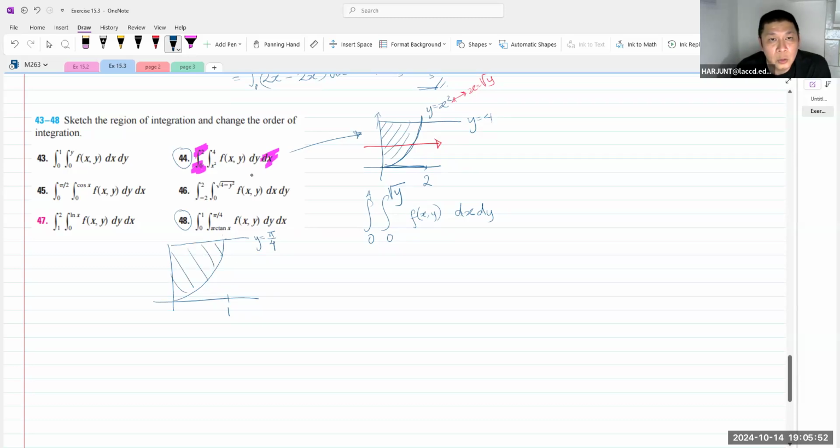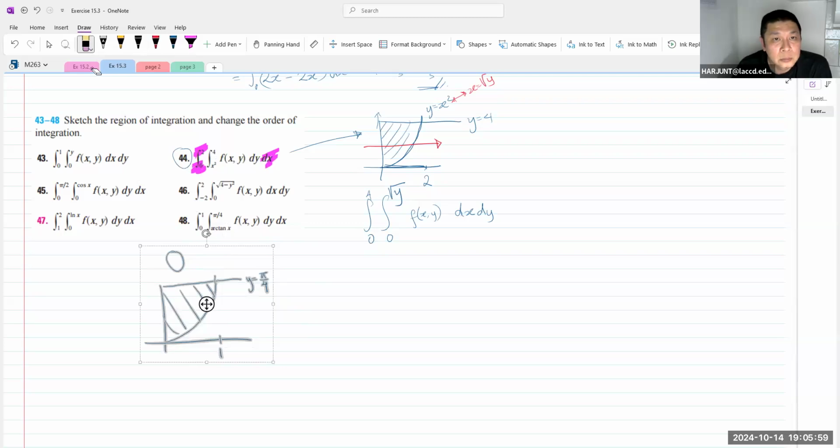This is y equals arctangent of x, which means if we solve for x, we get x equals tangent y, right?